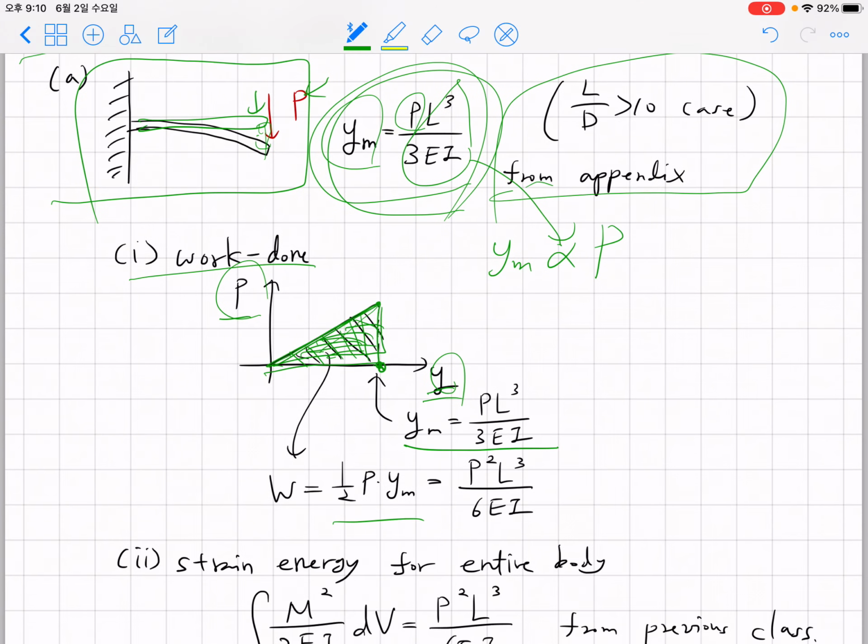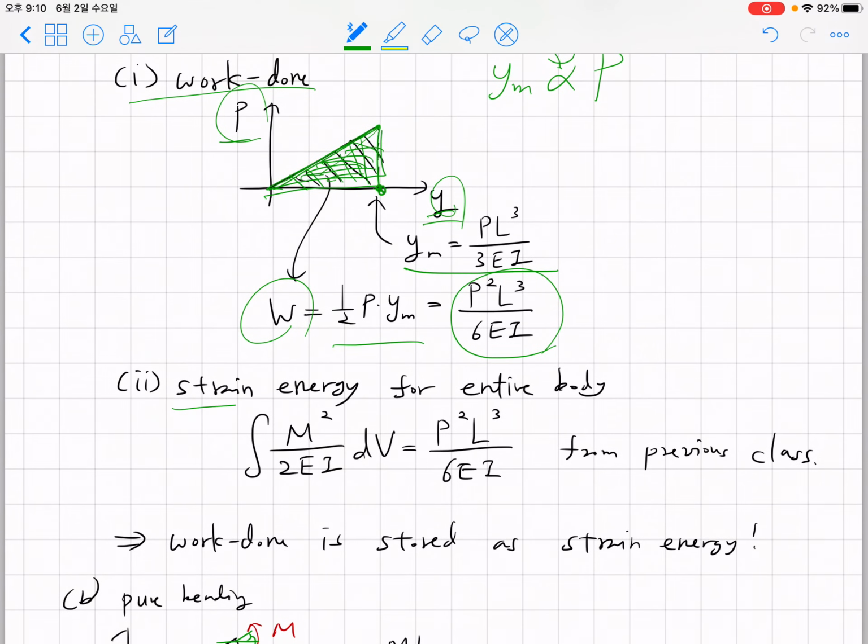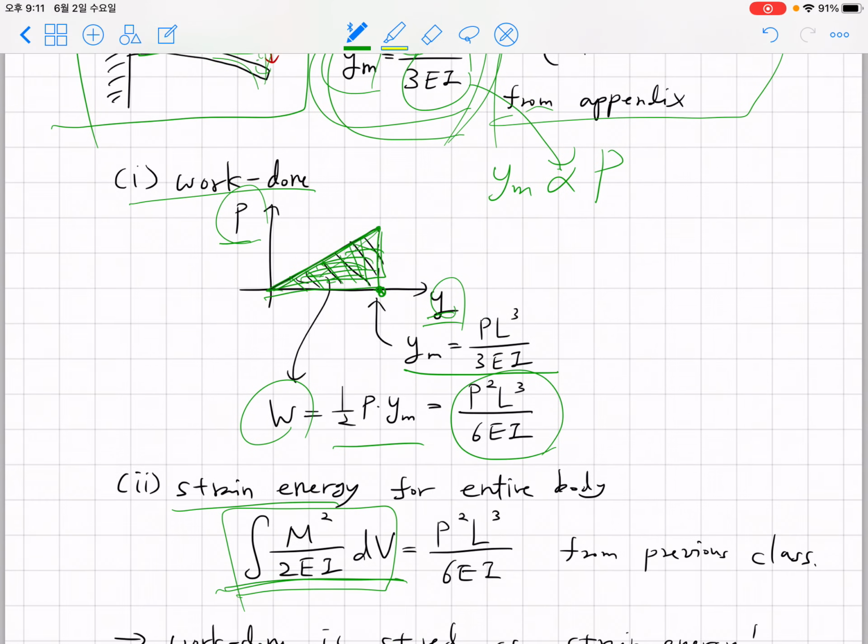Now let's check if this work done is the same as the strain energy stored in the entire body. If you recall what we did in a previous class, we considered an integral of M squared over 2EI dV. If you perform this integration over the entire body, you may remember that the answer is the same, P squared L cubed divided by 6EI.